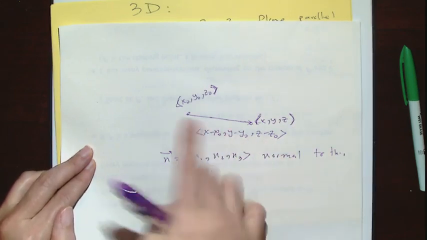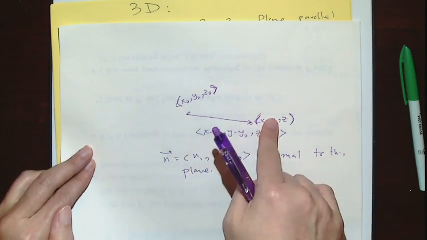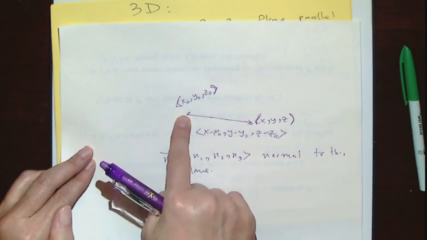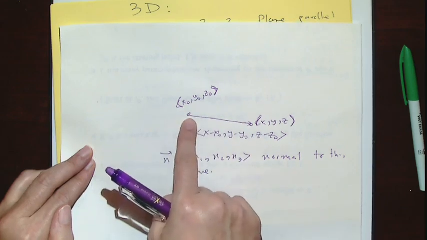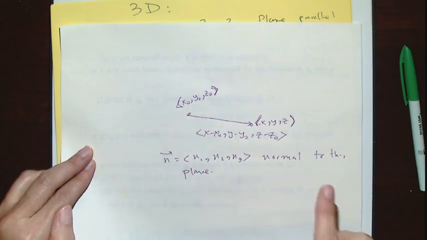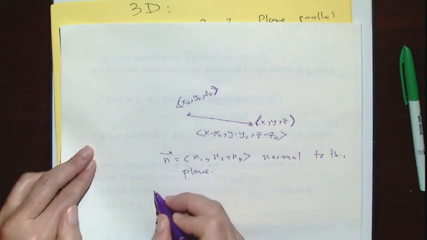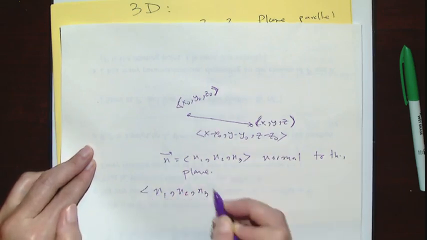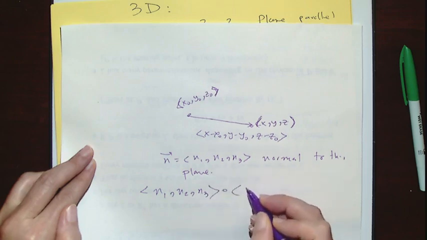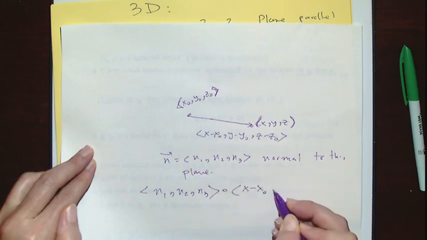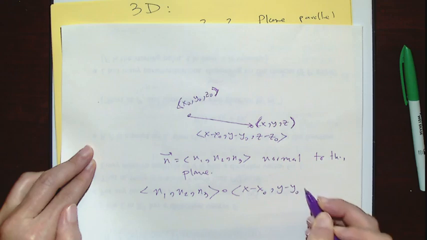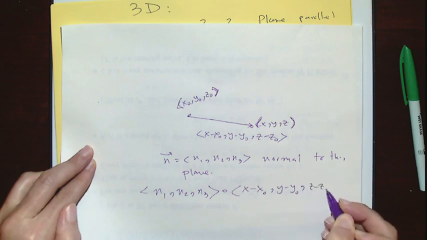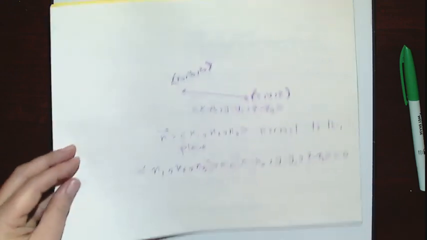And with these two points, the arbitrary point and the anchor point, I made a vector. The normal vector should be orthogonal to that. Therefore, this dot product is going to be 0.